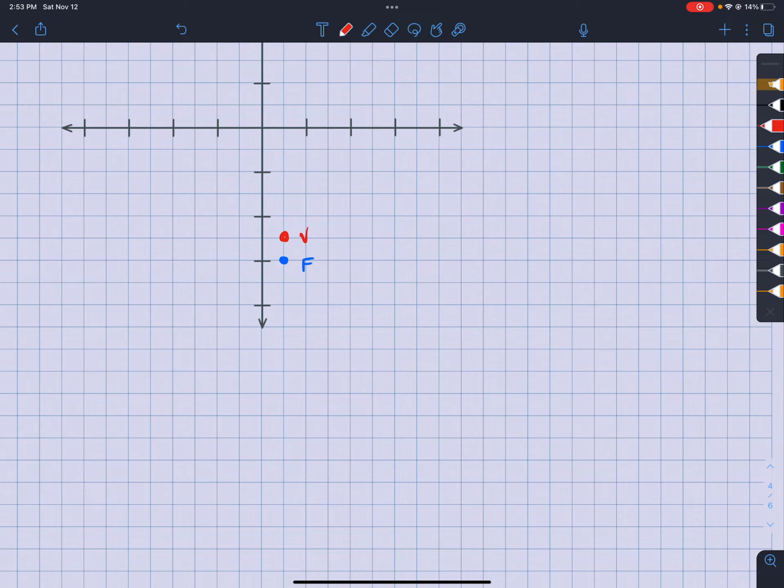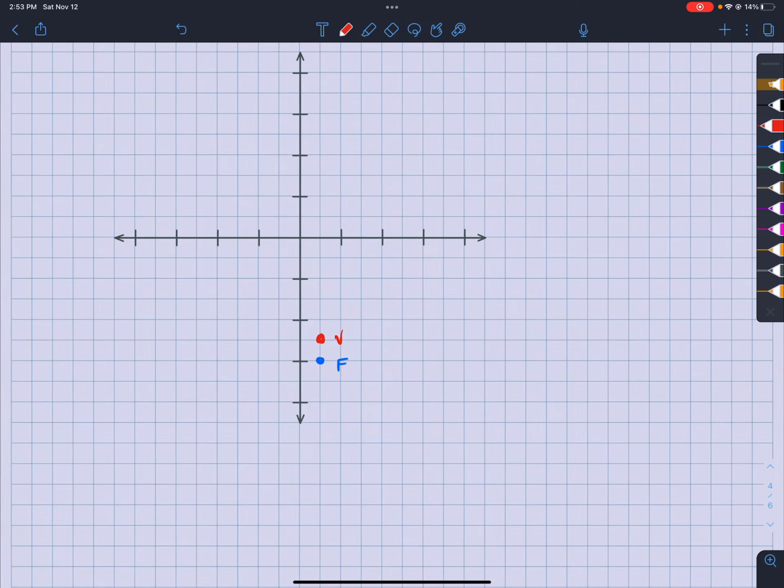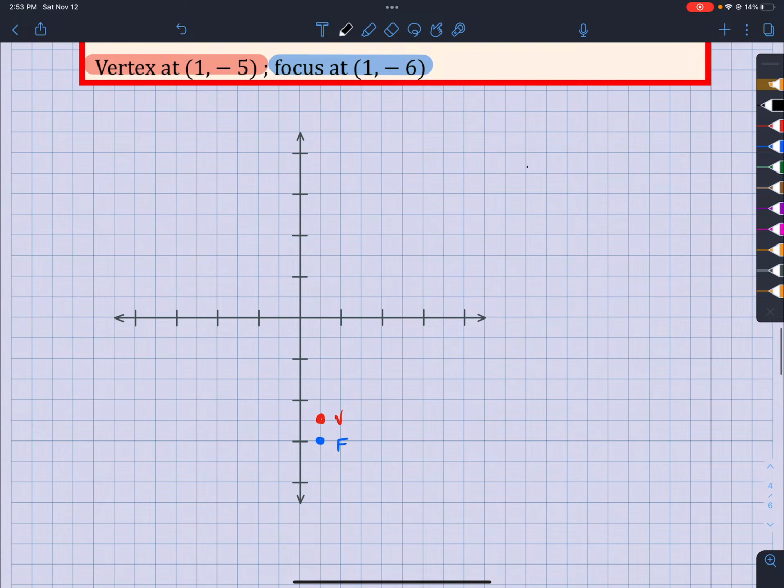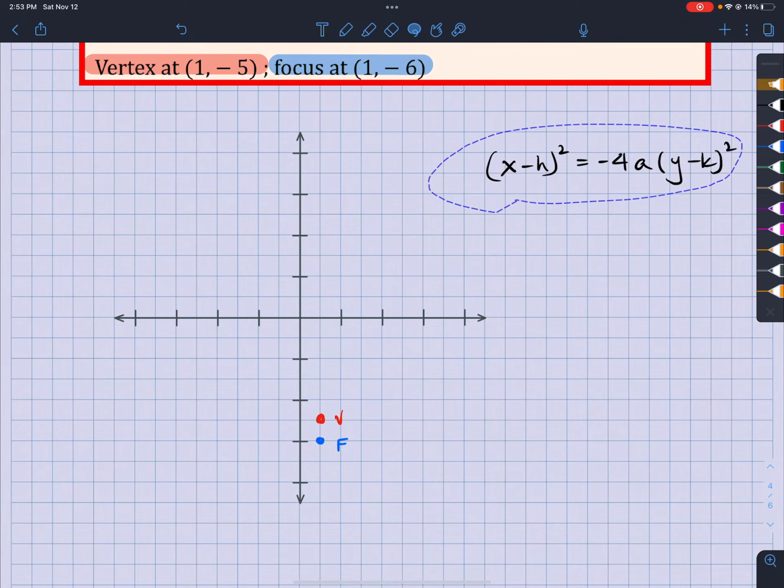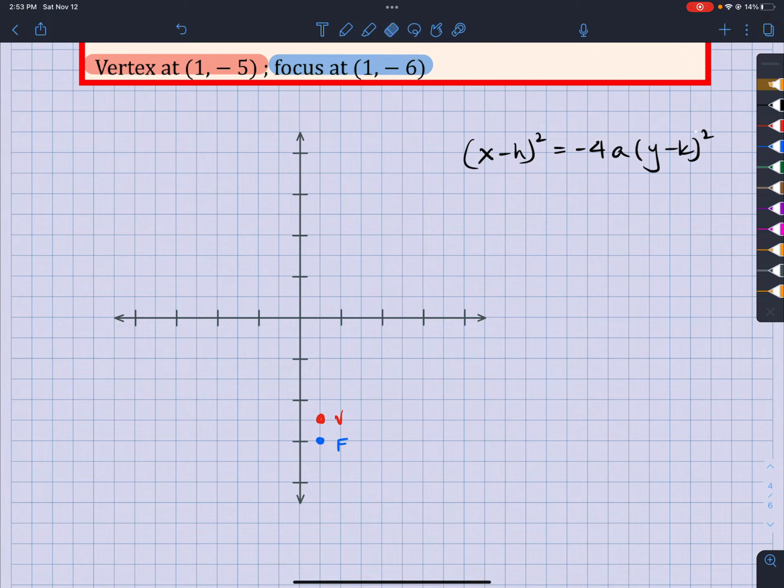But since it goes up and down, I know that the equation has to be x minus h squared is equal to negative 4a times y minus k. Because I know it goes up and down, the x is going to be squared and the y is not going to be squared. And I know it faces down, so that means my a is negative, okay?